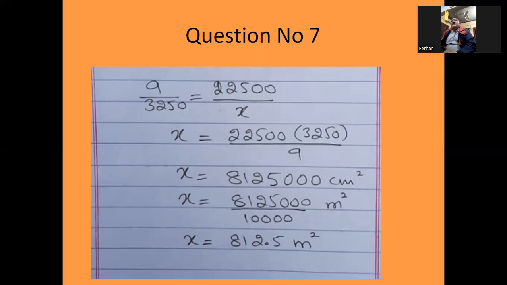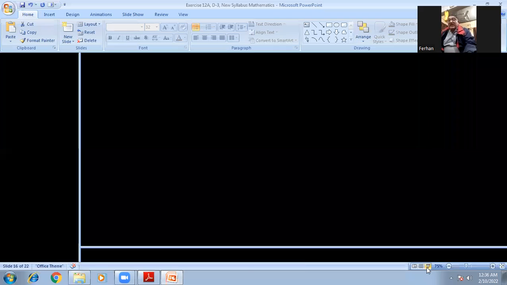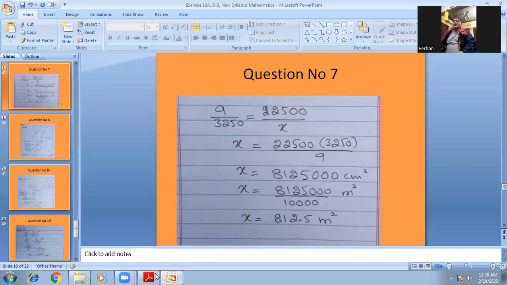So I will divide it by 10,000 to convert centimeter square into meter square. 812500 divided by 10,000, and you get 812.5 meters square. So the actual area will be 812.5 meter square. That was question number 7.